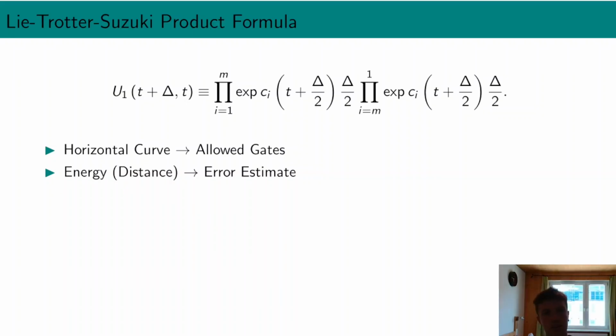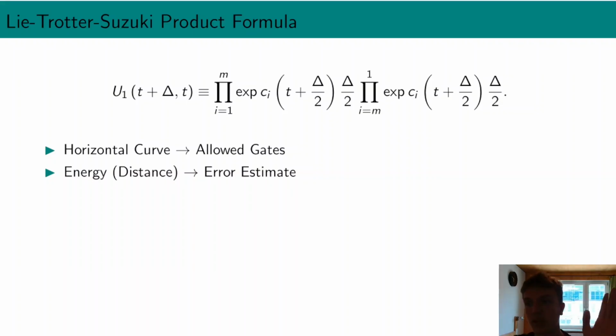And to go over from this sub-Riemannian geodesic, from this continuous curve, to a sequence of rotations, we use the so-called Lie-Trotter-Suzuki product formula. And this is given by a product of exponentials at half the time. So we slice our geodesics in, let's say, n pieces. And because we only used horizontal curves, we now also know that what comes out are only allowed gates.